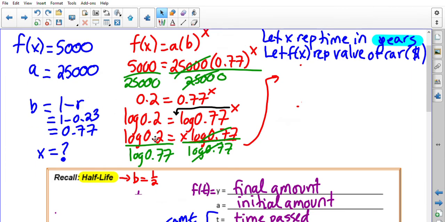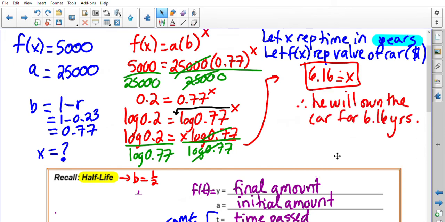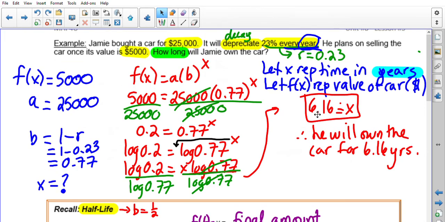You get log of 0.2 equals x log of 0.77. The coefficient with x here is log 0.77, so you divide that out of both sides. That will give you a final answer of about 6.16. Therefore, he will own the car for 6.16 years before selling it.